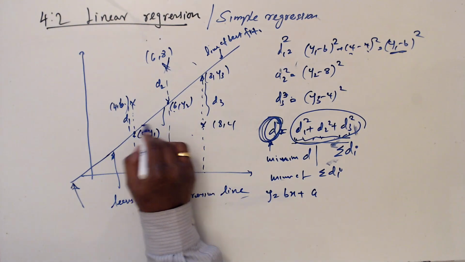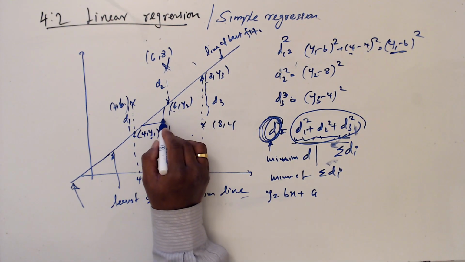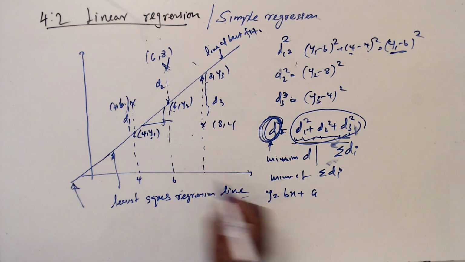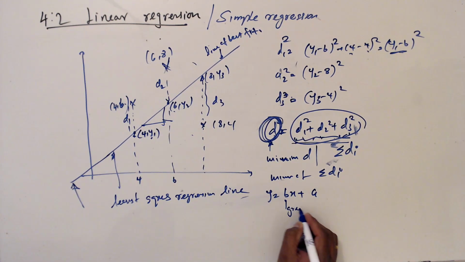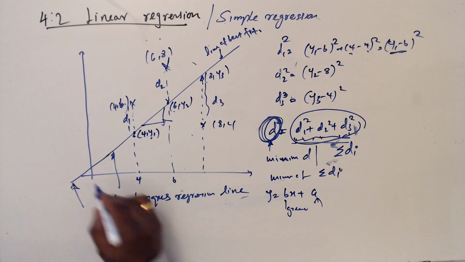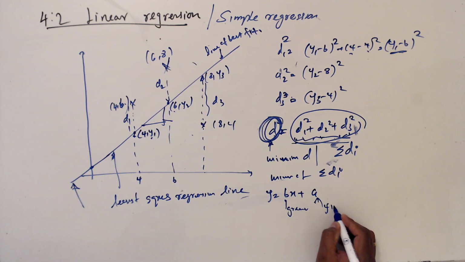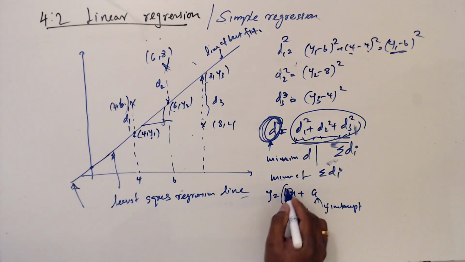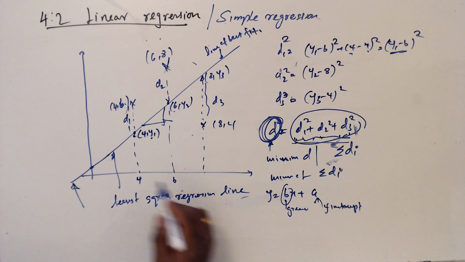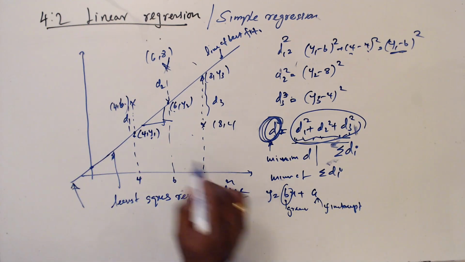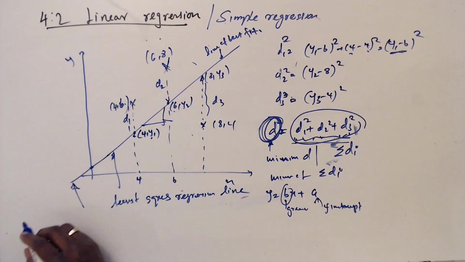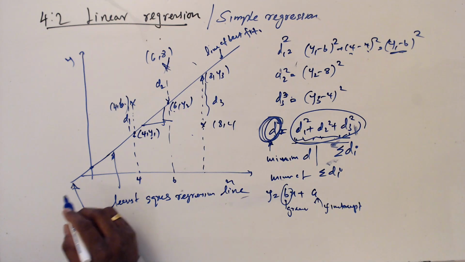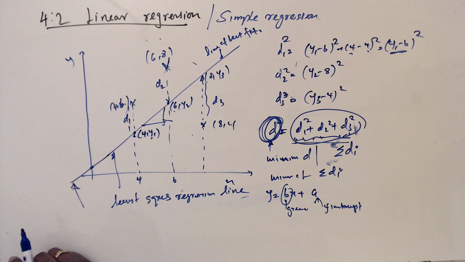So b is the gradient, and a is the y intercept. So b represents the change in y. If I take this as x and y, it is the change in y for each unit change in x.